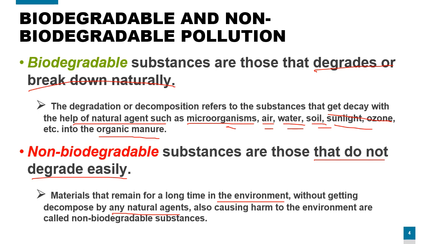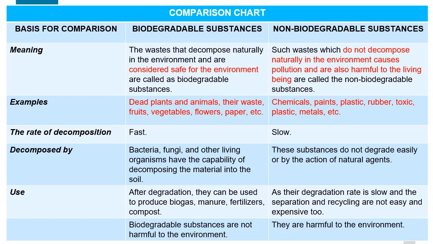So these non-biodegradable materials harm the environment. Okay? So when it takes a long time to degrade, it is called non-biodegradable. So we have here a comparison chart of the biodegradable substances and non-biodegradable substances.